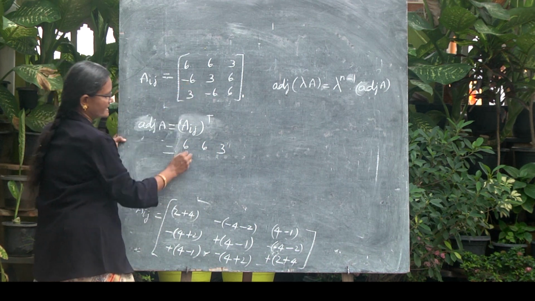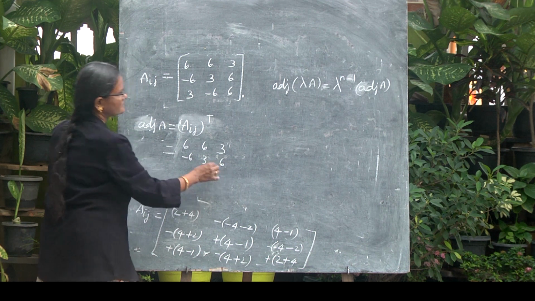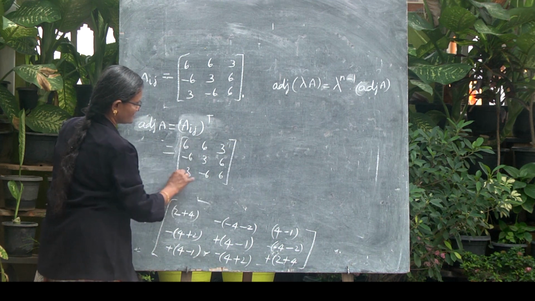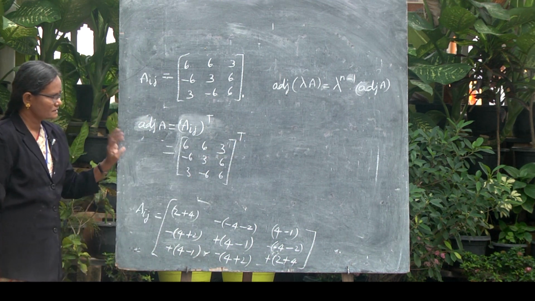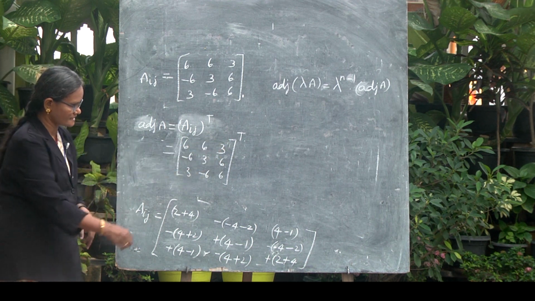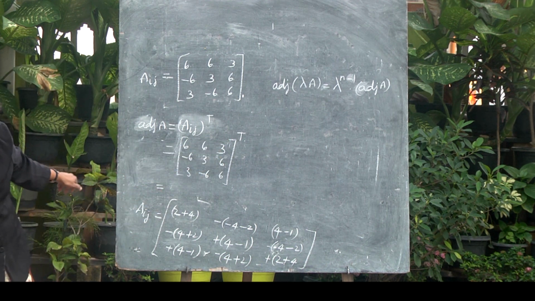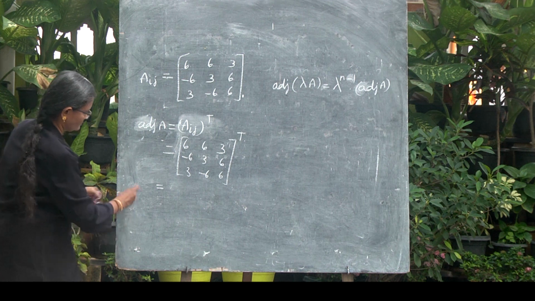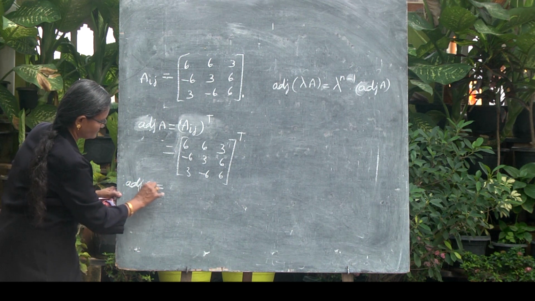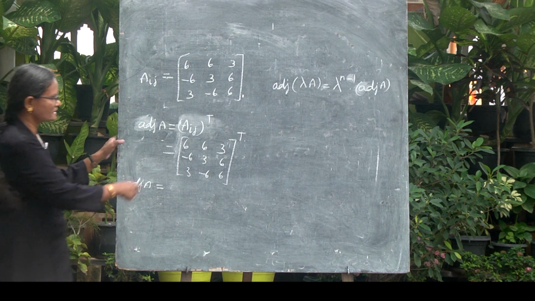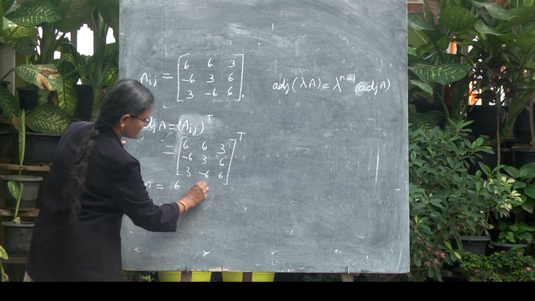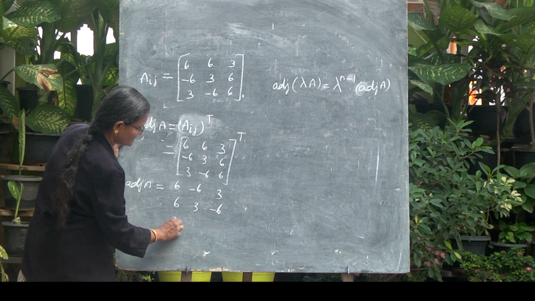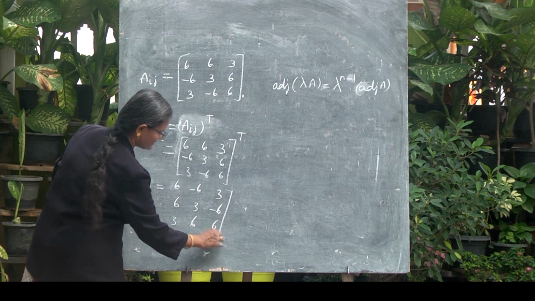In the second row, minus 6, 3, 6. In the third row, 3, minus 6, 6, transpose. Here, interchanging the rows and columns, that is called as transpose. Therefore, adj of A is equal to, interchanging the rows and columns, 6, minus 6, 3, then 6, 3, minus 6, 3, 6, 6. This is adj of A.